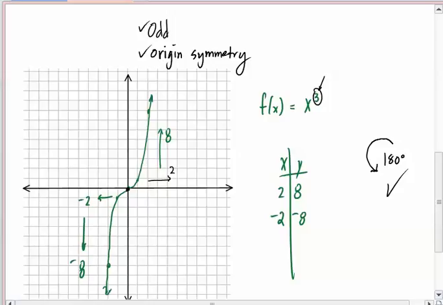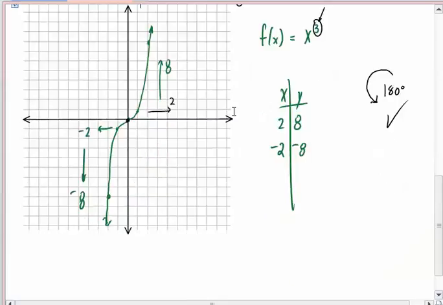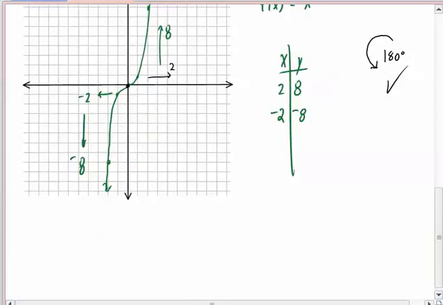Okay, so that's odd and origin. That's easy to remember, right? Odd, origin. So now you might be asking yourself, well, what if I had a function like this? It doesn't matter what the coefficient is, by the way: 3x to the third plus 2x squared minus 1x plus 8, whatever.